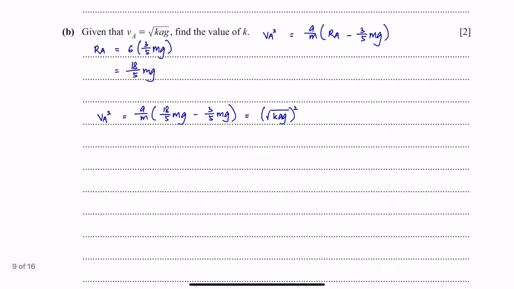So we have a times 3 mg equals k squared ag, and k would be root 3.